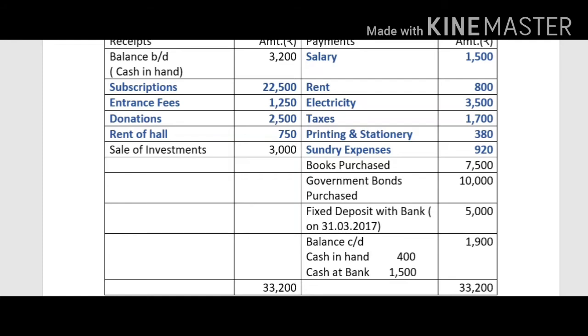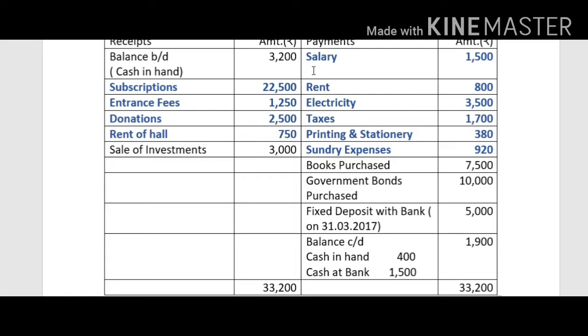Donations not specified, so it is general donation, and the amount is small, so it will be of revenue nature. Rent of the hall is again revenue in nature. Sale of investment is a capital receipt. That means it will not be shown in the income and expenditure account.